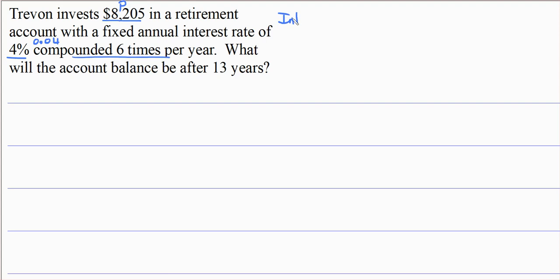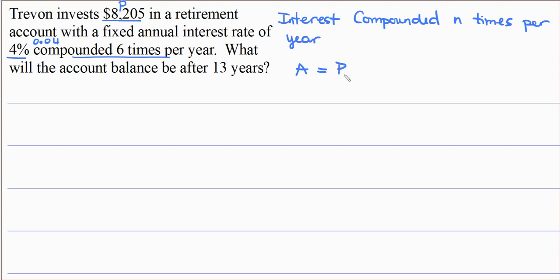So this is interest compounded n times per year. A equals P times (1 plus r over n) to the power n times t.